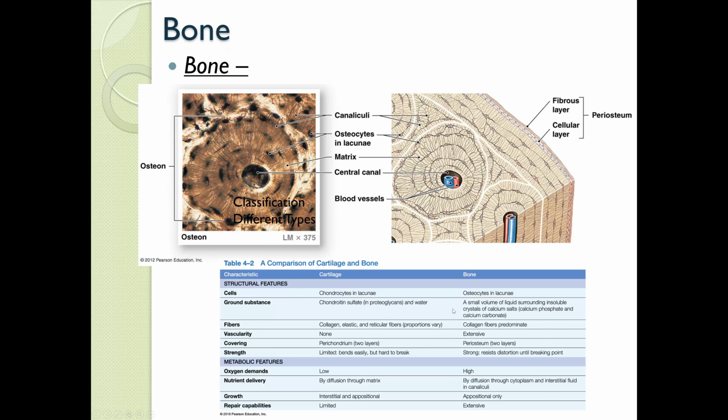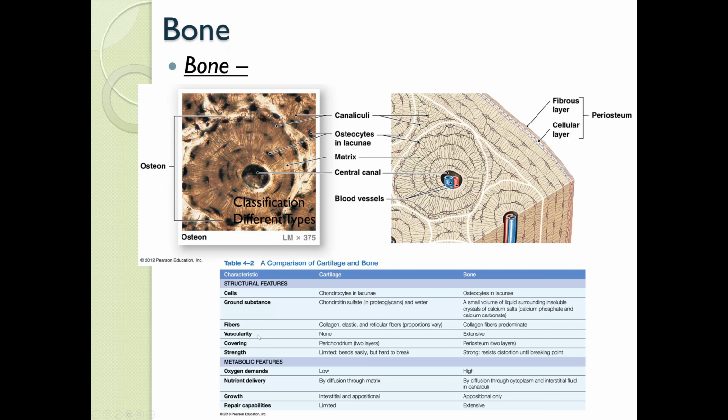Whereas with bone, it's a very small volume of liquid, mainly surrounding these calcium salts like calcium phosphate. For the fibers in cartilage, you can find collagen, elastic, and reticular in different proportions, depending on whether you are looking at hyaline, elastic, or fibrocartilage. In bone, it's always going to be primarily collagen fibers.